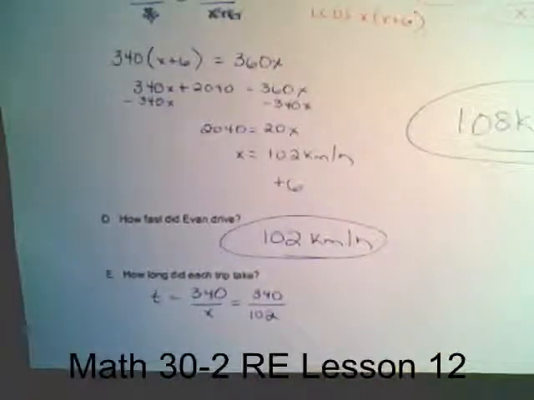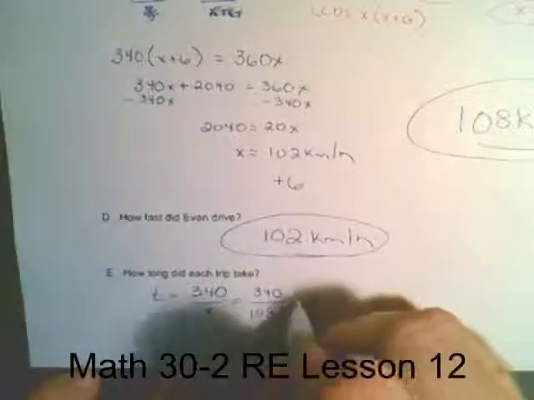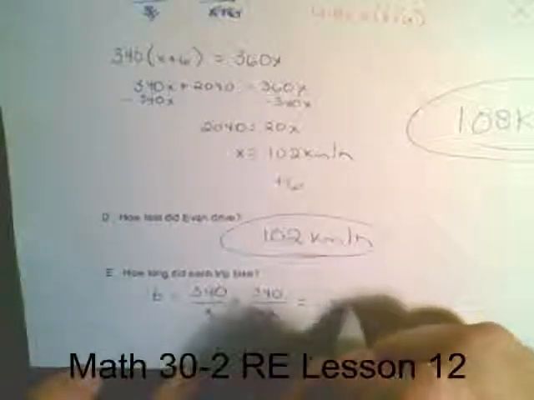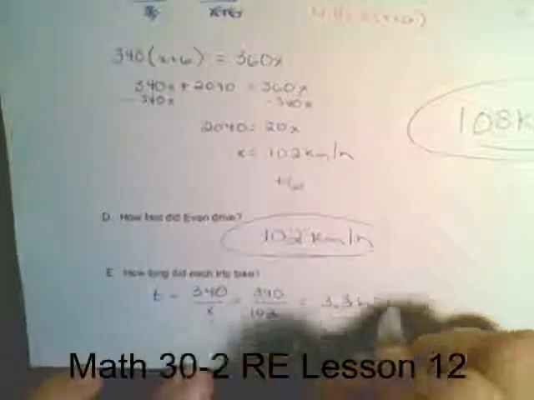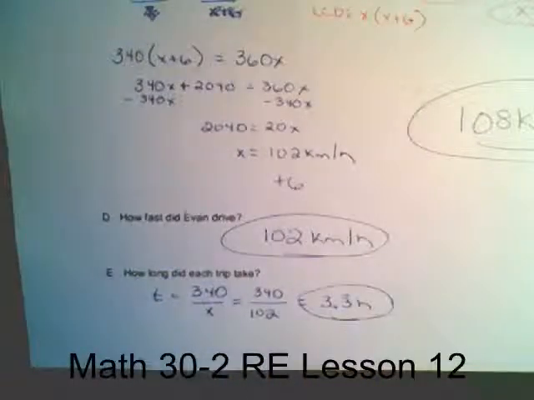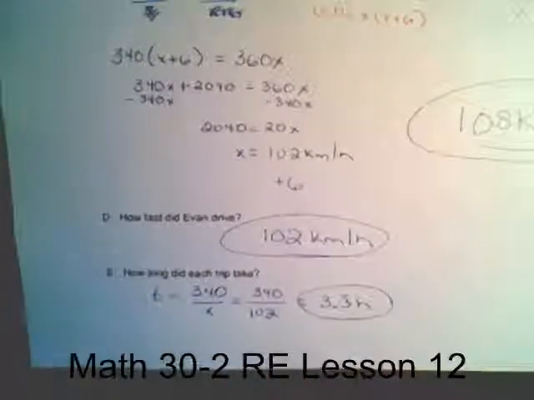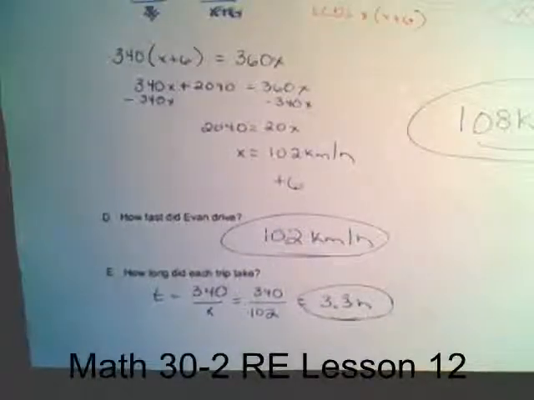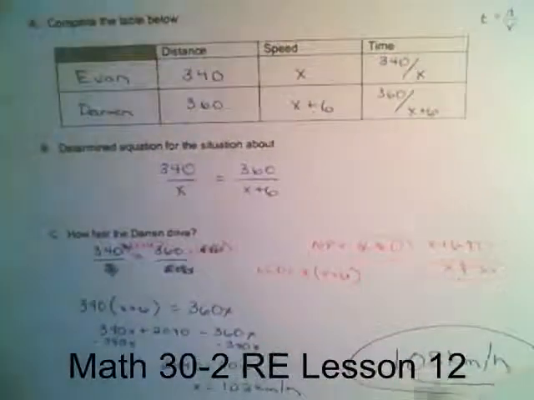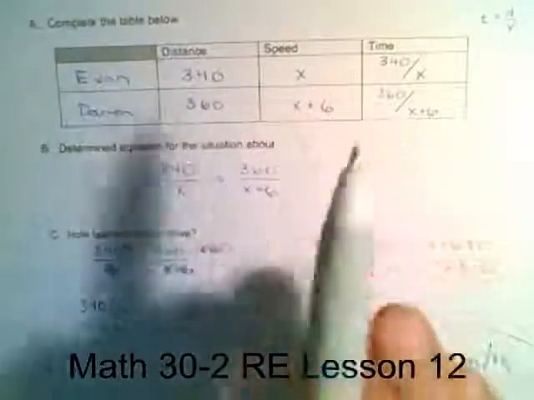So the time is going to be 340 over x, which is 340 over 102 kilometers an hour. And if I figure this out, it is going to be 3.3 repeating hours. So Evan drove for 3.3 hours, Darren drove for 3.3 hours.